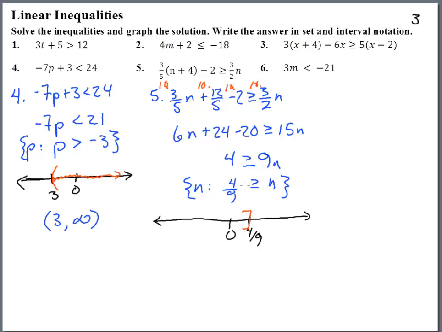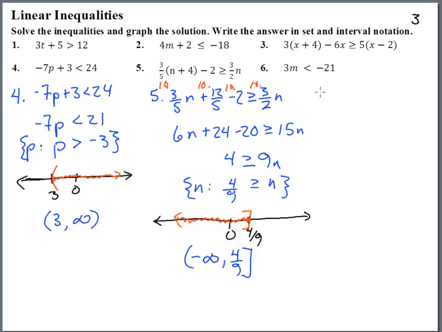So bracket, because we can have n equals 4/9, and then it comes down like this. So we have negative infinity up to 4/9. Notice that the infinities will always have this open symbol because we can never quite reach it. But when we do hit 4/9 as an answer, that's when we use the brackets.